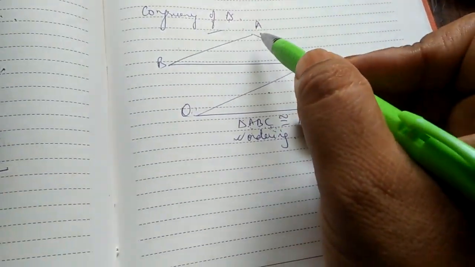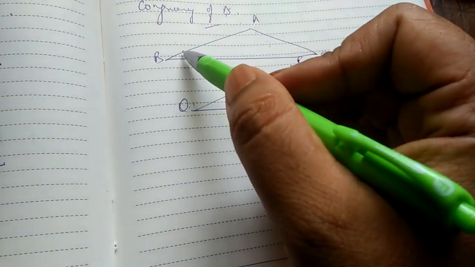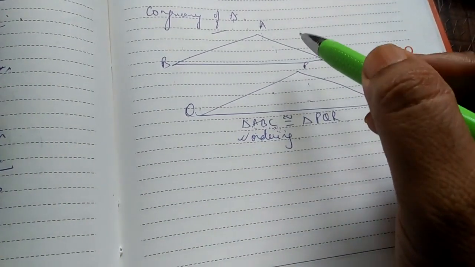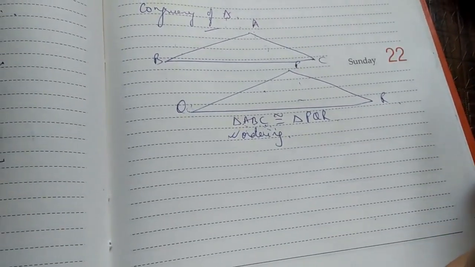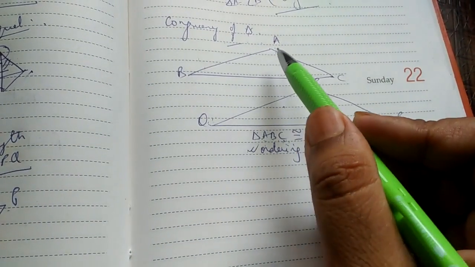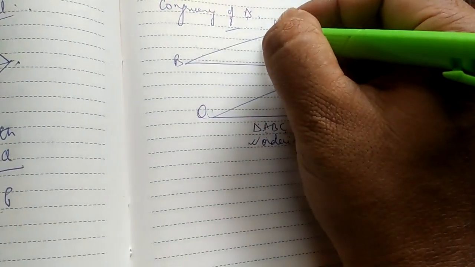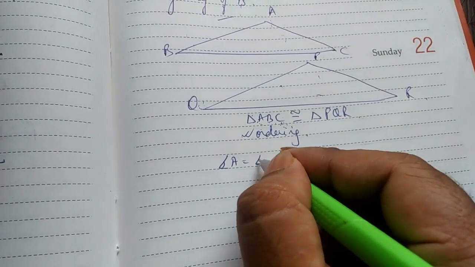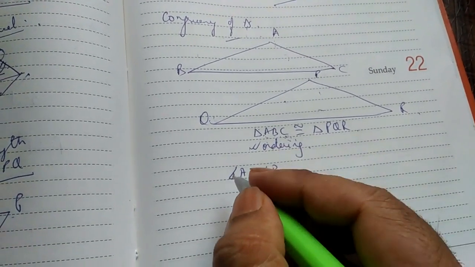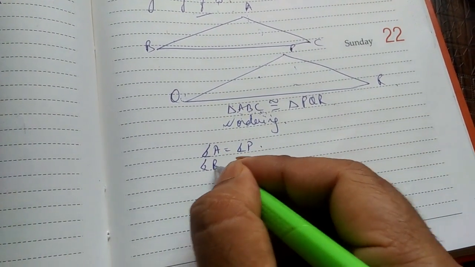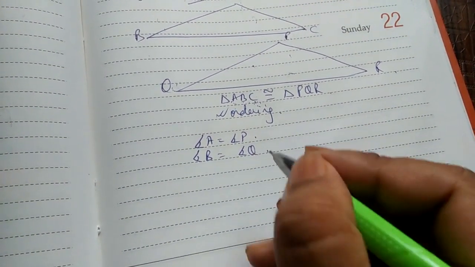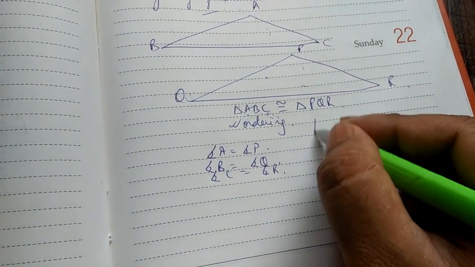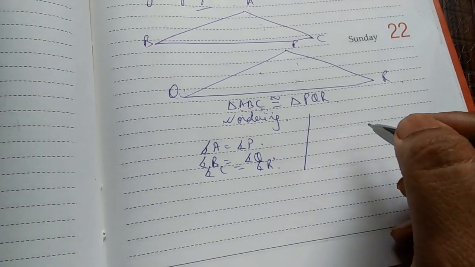That means if we put A on P, B on Q, and C on R, then triangle ABC is congruent to triangle PQR. So that means angle A is equal to angle P, angle B is equal to angle Q, and angle C is equal to angle R. Simple enough.